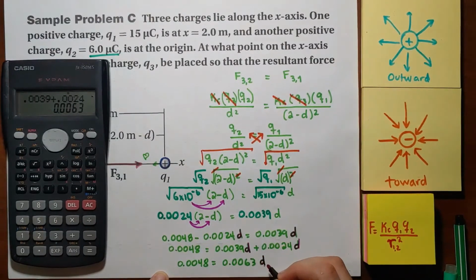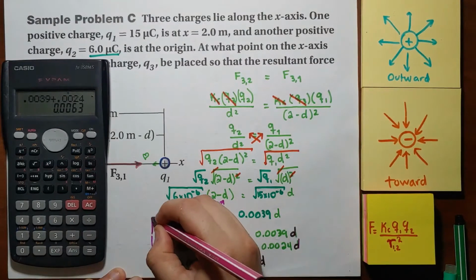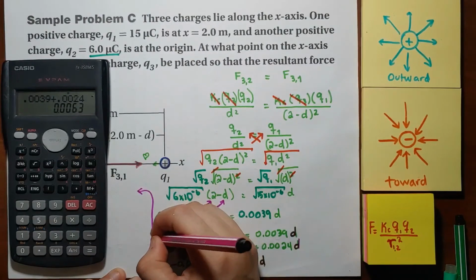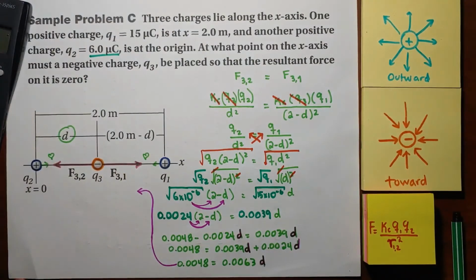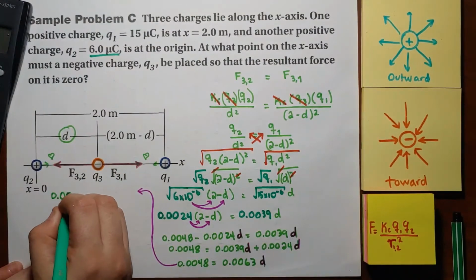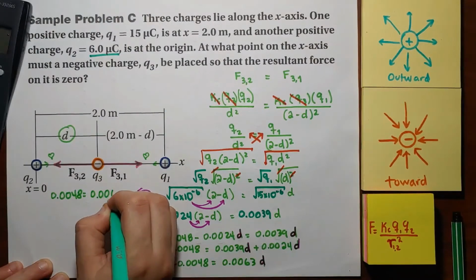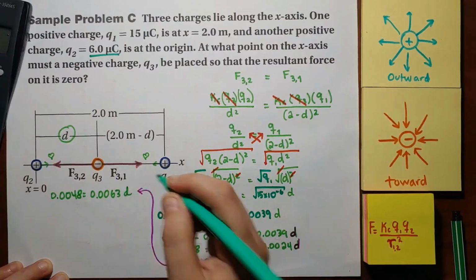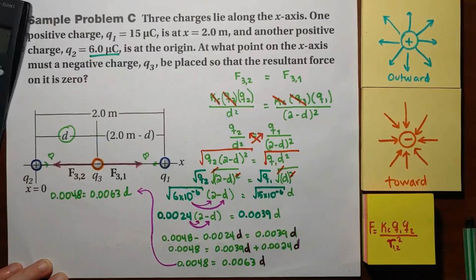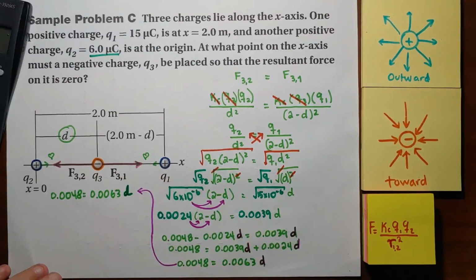Now we isolate d. So you have 0.0048 equals 0.0063d.